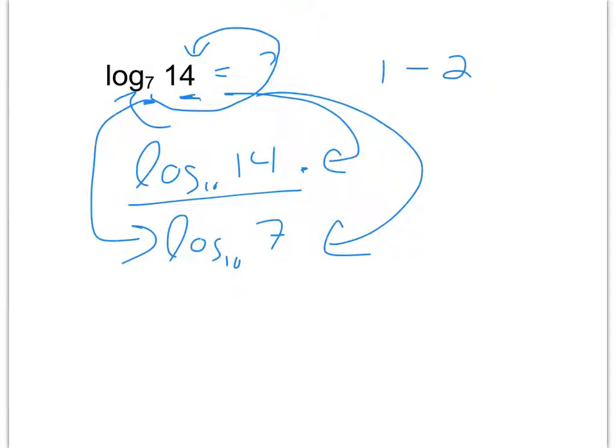Go ahead, folks, whip out your calcs and see if we can come up with an answer. Okay, if you did log 14 divided by log 7, you should have gotten 1.356. The beauty of this is if you do ln 14 divided by ln 7, you're also going to get 1.356.